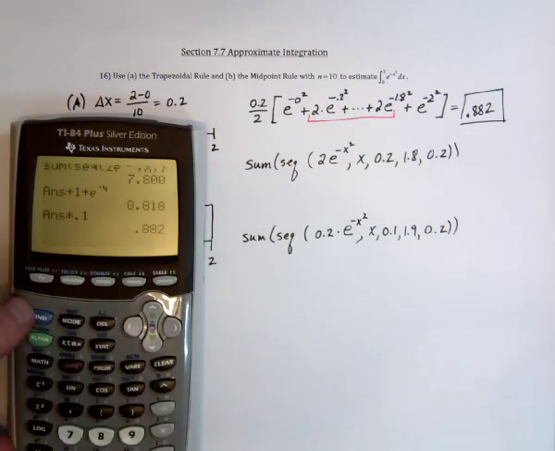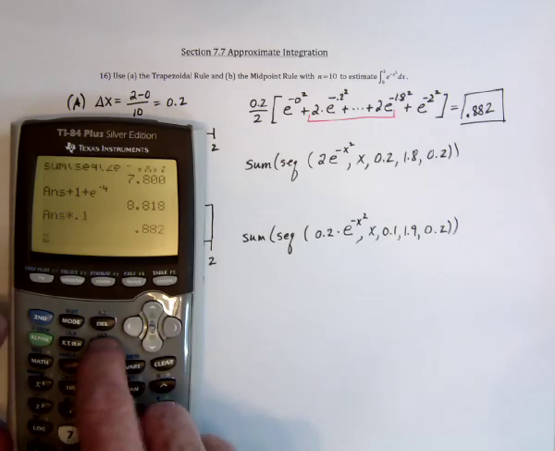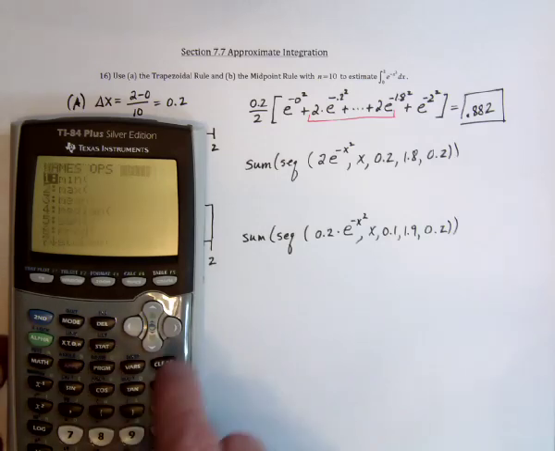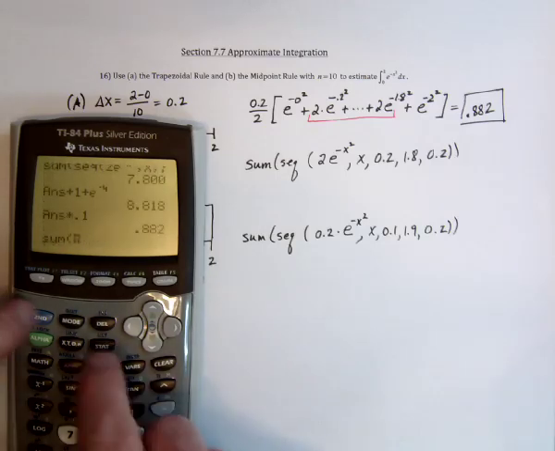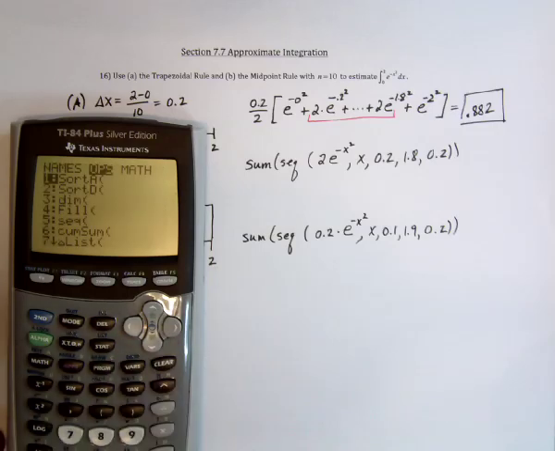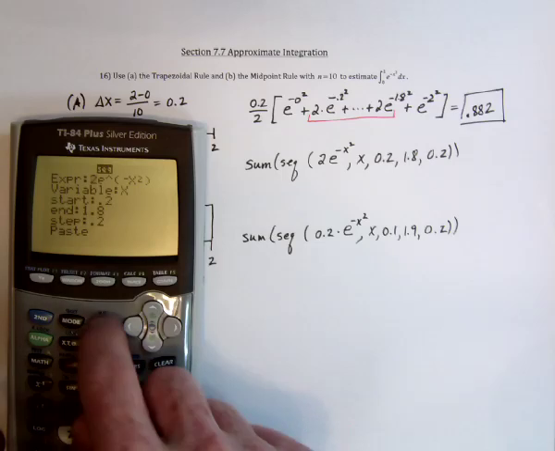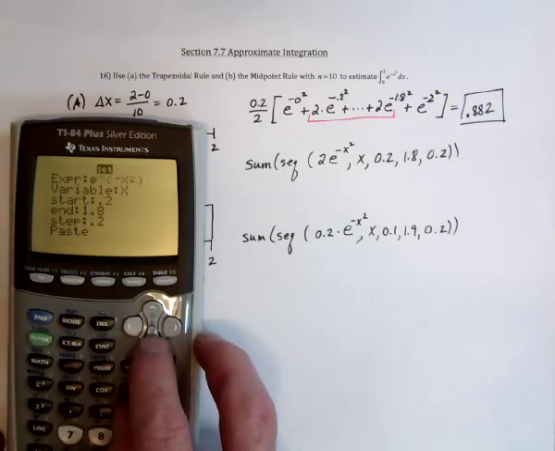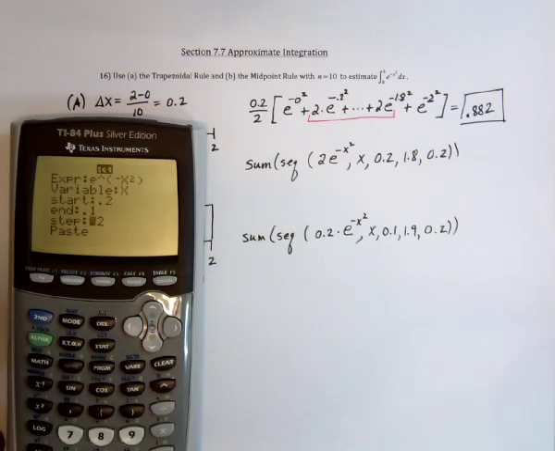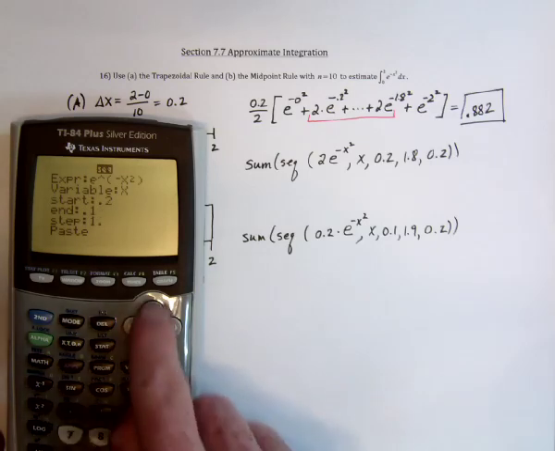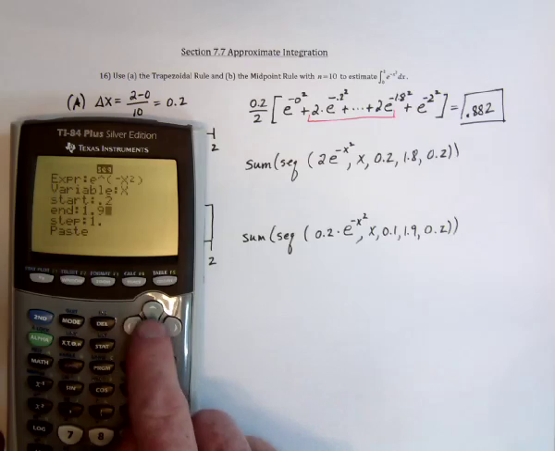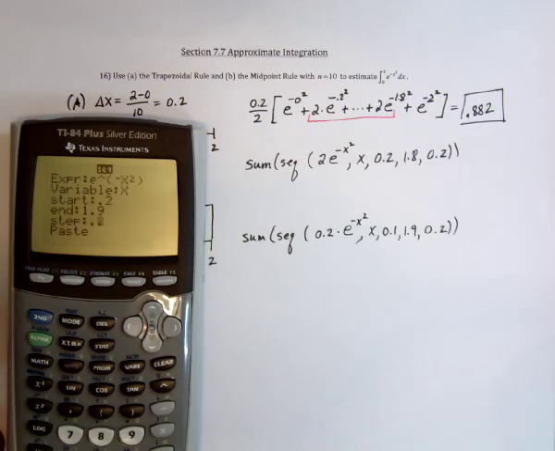So we've got second list, we need the sum part, second list, we need the sequence part. The expression is just e to the negative x squared. Start at 0.1, end at 1.9, and the step is 0.2.